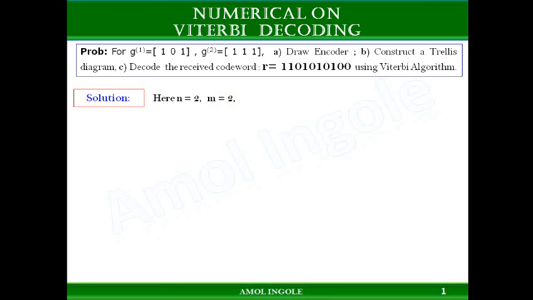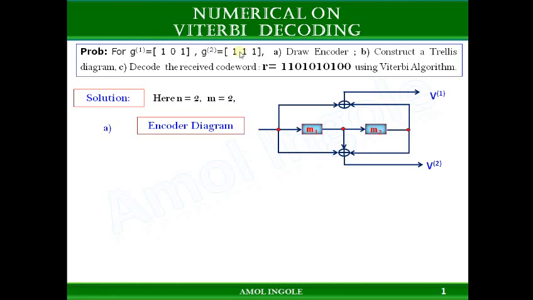The encoder diagram can be easily drawn using the generator sequences, and this is the encoder diagram. You can see the earlier video, and you will come to know how this is drawn. Now, to construct a trellis diagram, you will first need to construct a response table. You can again watch the earlier video for response table.